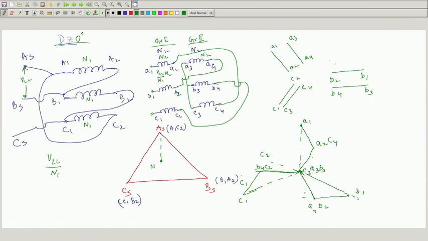So, I know the length of each phasor here to be VLL by N1 into N2 across each secondary coil. That is the voltage here, VLL by N1 into N2. So, the lengths of these are known. Then what will be the secondary phase voltage?